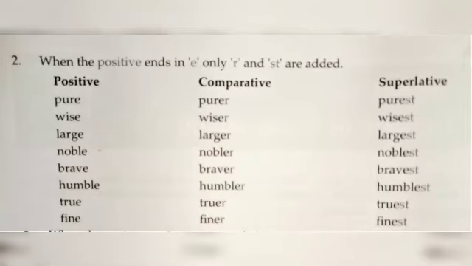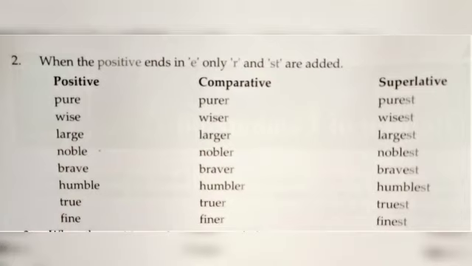The second point says, when the positive ends in E, only R and ST are added. So let's see the examples given in the book. The first one is pure. Now the word pure, you can see that it is ending with the alphabet E. And according to point 2, if the word is ending with E, then we have to add R to make the comparative and ST to make the superlative.